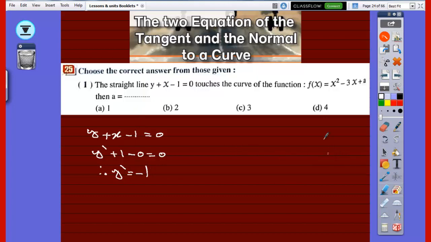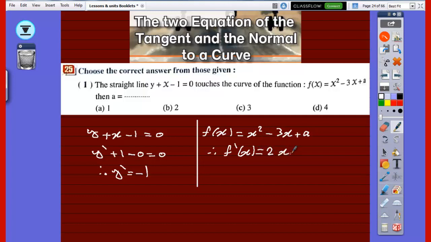What about the slope of the tangent to the curve? We have f of x equals x squared minus 3x plus a. So f dash of x, it is the slope of the tangent to the curve, equals 2x minus 3.